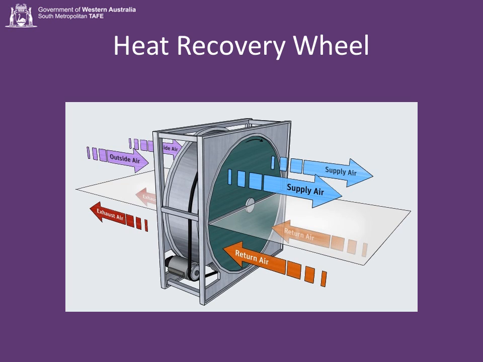What a heat recovery wheel is, well, it's a large wheel that rotates very slowly. The wheel itself is made up of thousands and thousands of tiny copper pipes. The air passes through these copper pipes quite readily, but as the return air passes through, if it's cold return air, it cools the copper pipes. Then the wheel rotates, and the copper pipe goes into the outside air stream, where that cooled copper pipe then pre-cools the outside air.